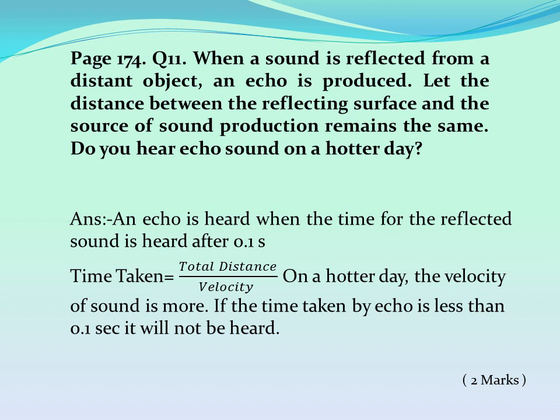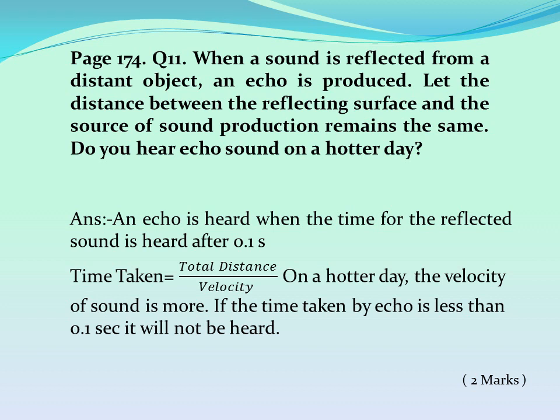Page number 174, question number 11. When a sound is reflected from a distant object, an echo is produced. Let the distance between the reflecting surface and the source of sound production remain the same. Do you hear an echo on a hotter day? Answer.